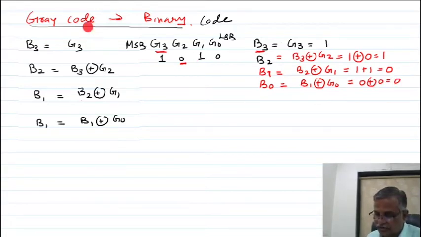Look here. I want to convert the gray into binary. This is your given gray code. I want to write its corresponding binary number. So remember this equation. For B3 I have written it is G3.